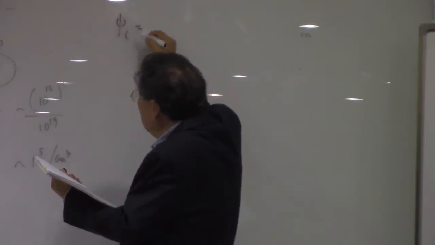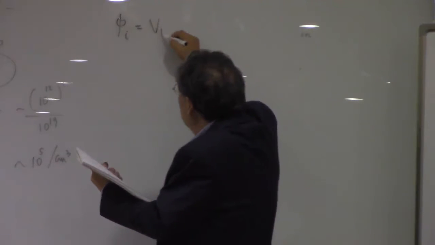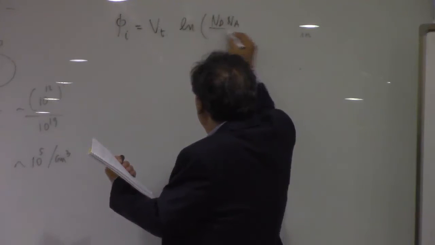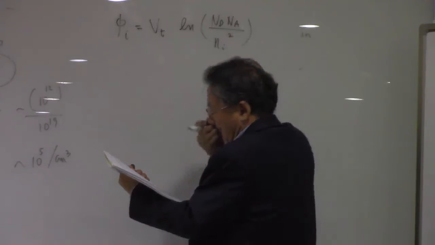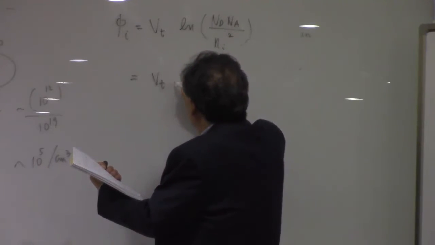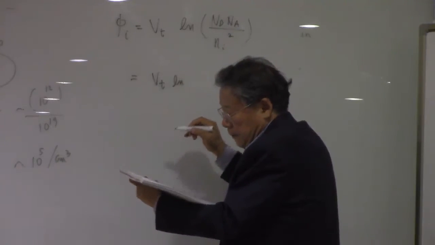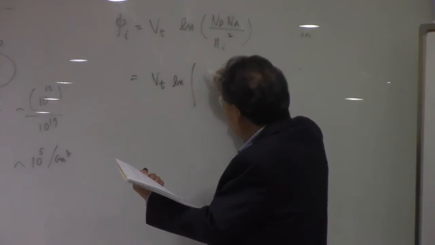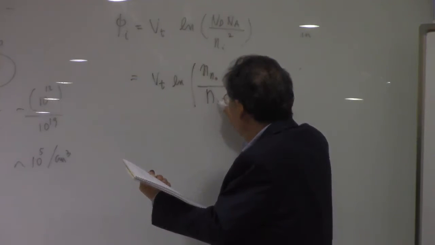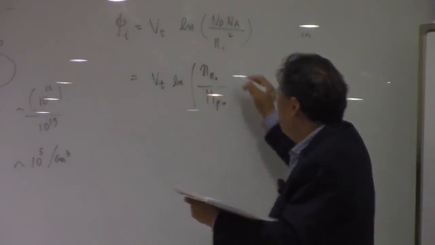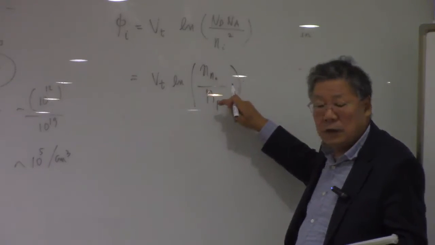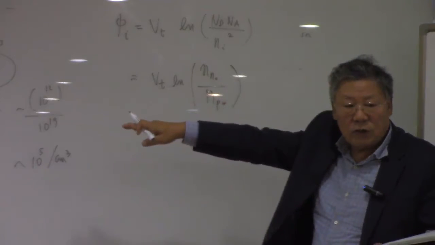So let's see the built-in potential. It's going to look like this: N_A over N_i squared, and then that is V_t times the log of N_N0 over N_P0. There is a difference in the number of electrons across the junctions.